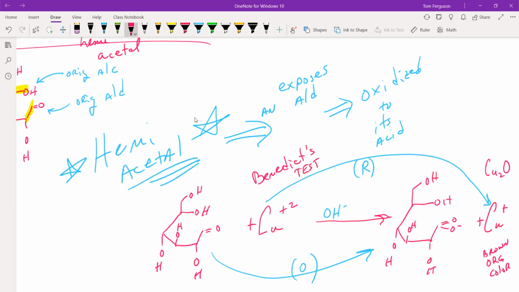Now you need to know this reaction. All right. If the Benedict's test is positive, it's called a reducing sugar.